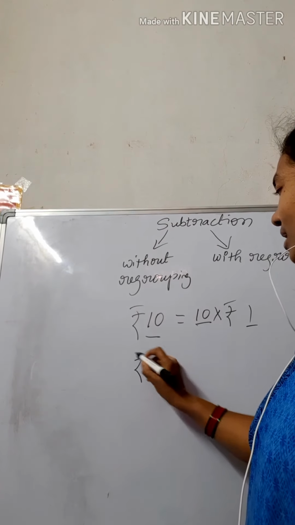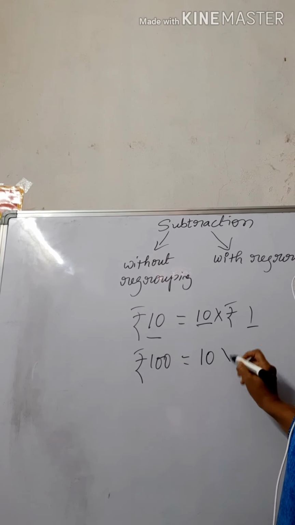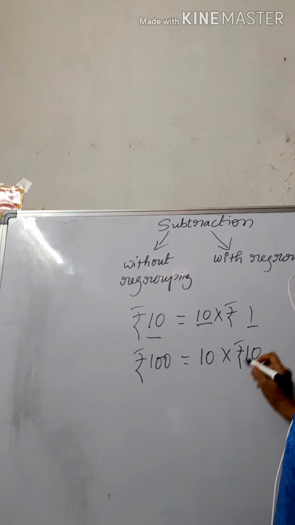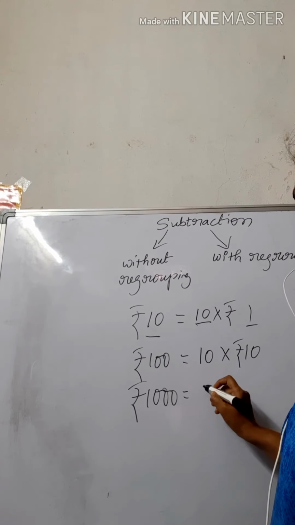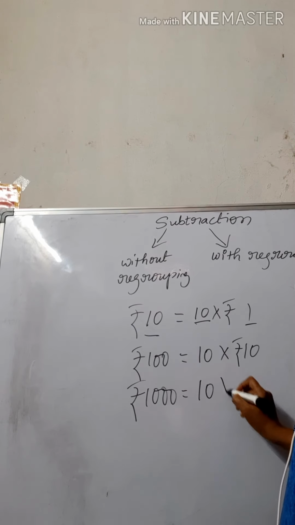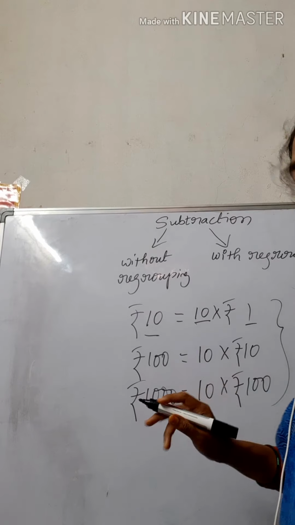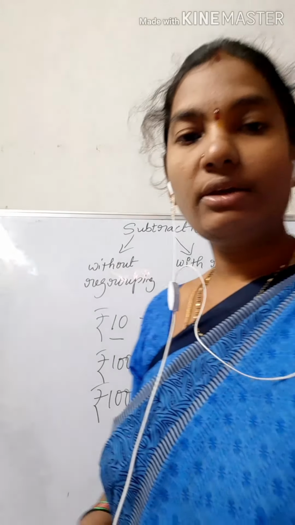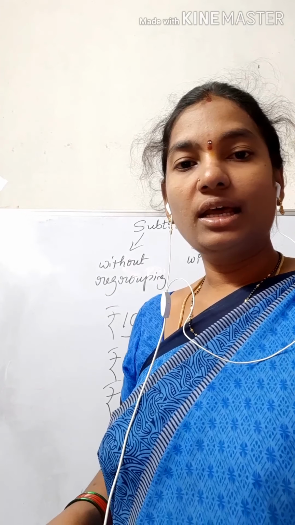Again, if you have 100 rupees, we can convert it into 10 rupee notes. Otherwise, if you have 1000 rupees, we can convert it into 100 rupee notes. Like this, we can convert one form to another form. This type of conversion we call regrouping.